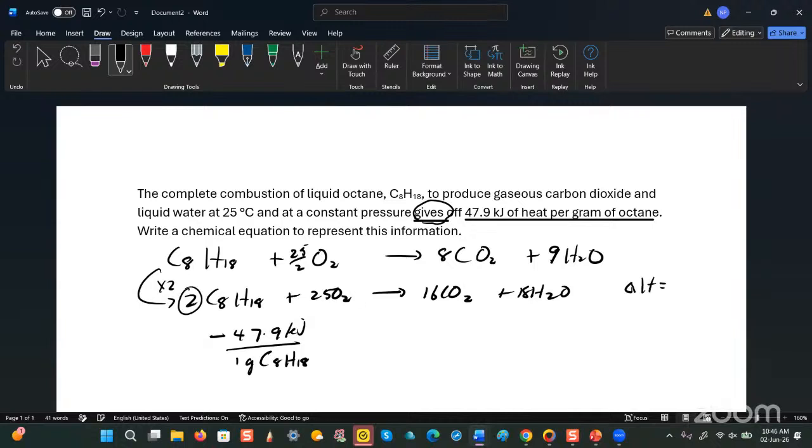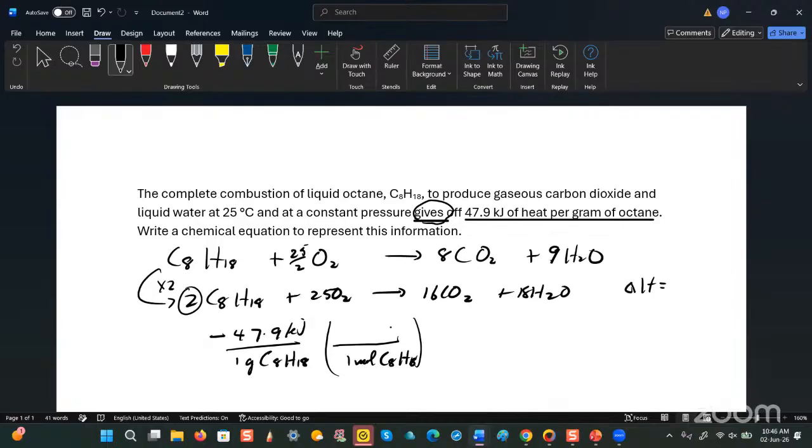Now, in this case, what I need to determine is delta H based on this information, if it were 2 moles of octane. So what I will do first is multiply this by the molar mass of octane, with 1 mole of octane down here and the molar mass up here.